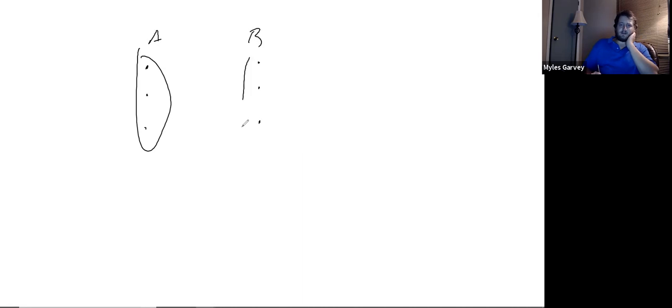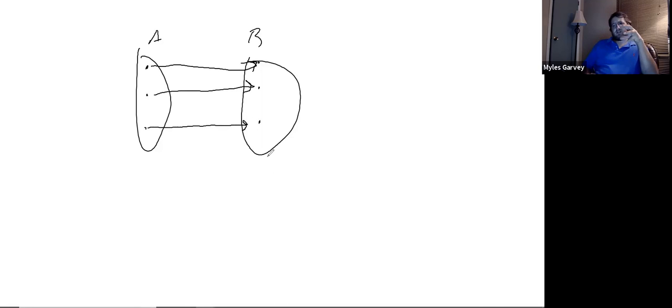So I left everybody a hint here at the end of our last video, and I mentioned that it seems interesting that whenever we have a bijection between two sets, let's say a set A and a set B, whatever that bijection is, we notice that the sets are pretty much the same size.